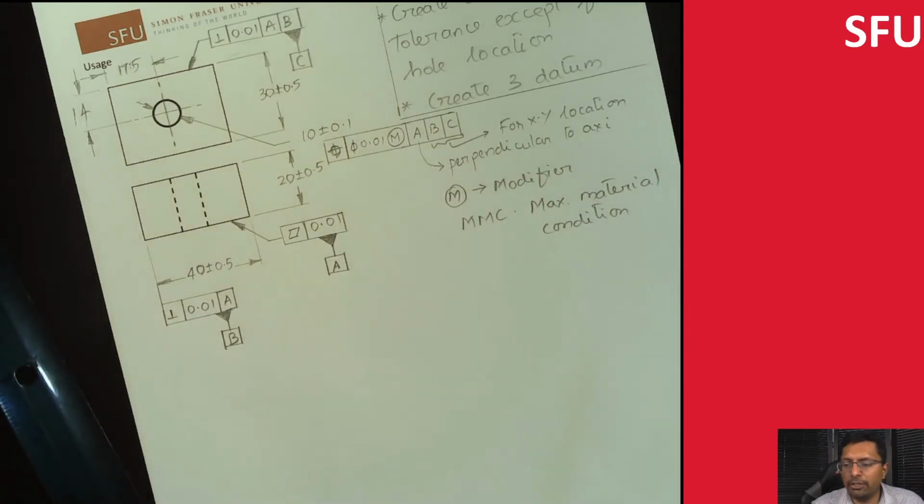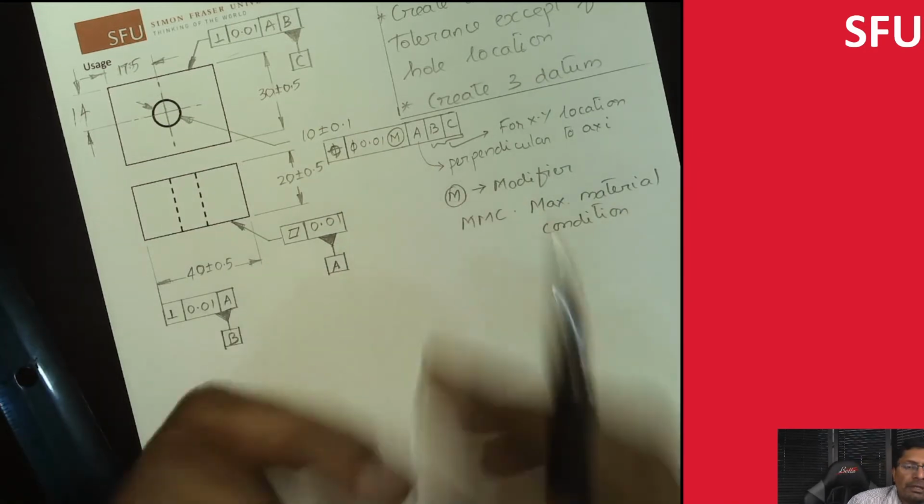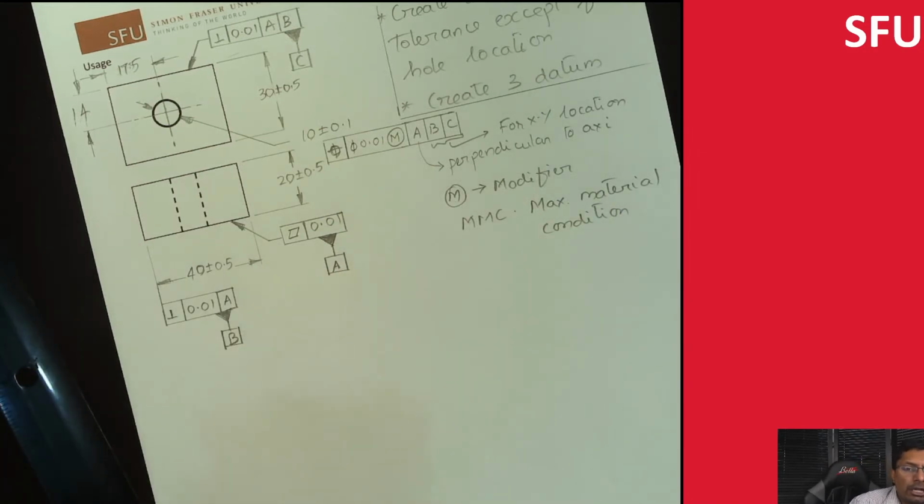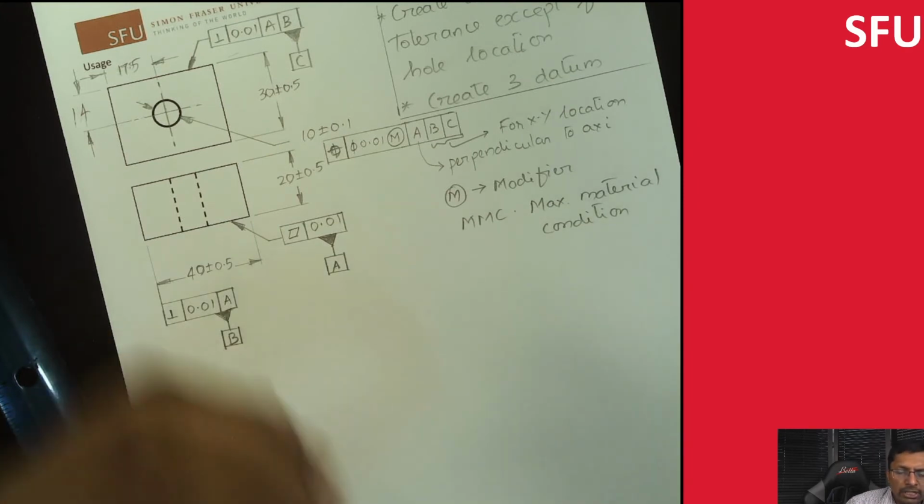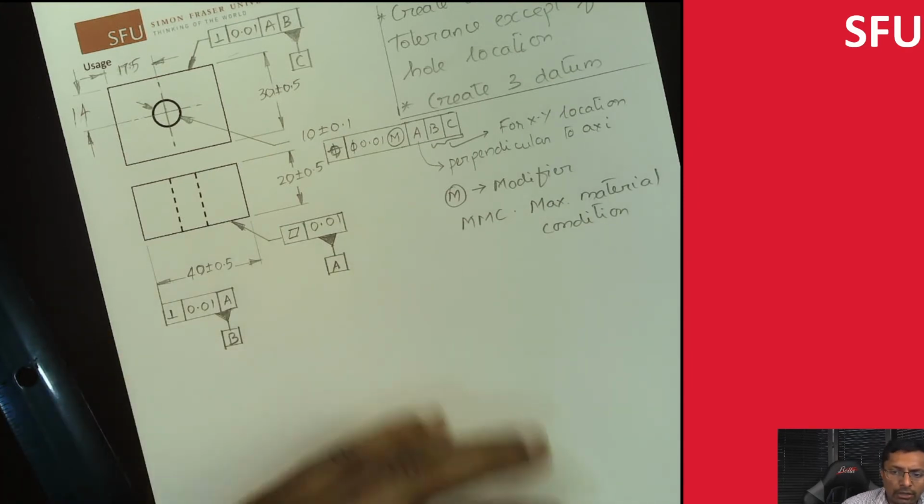So this is the maximum material condition modifier over here. And then we'll explain what this concept is in just a little bit. This basically specifies that you're enforcing the tolerance only at the maximum material condition. Again, I have a little bit more discussion later on.